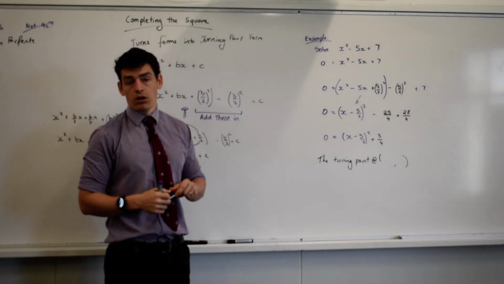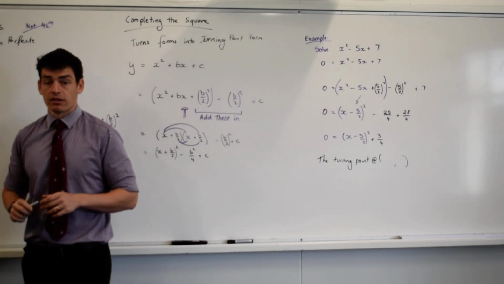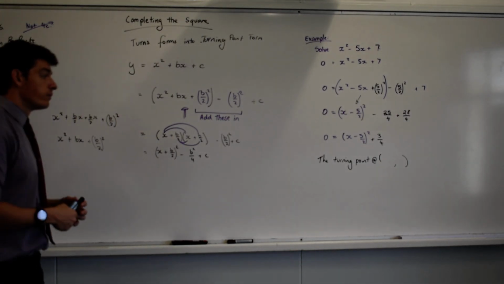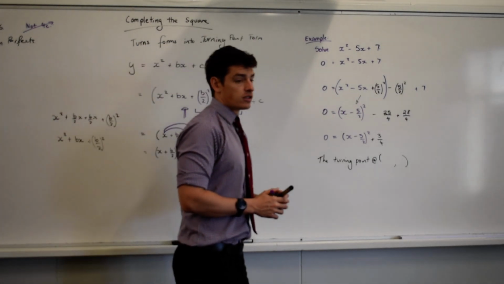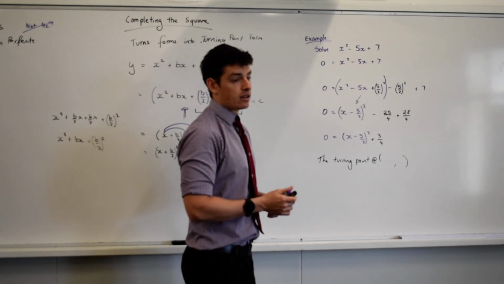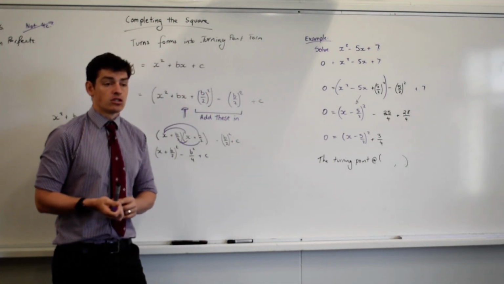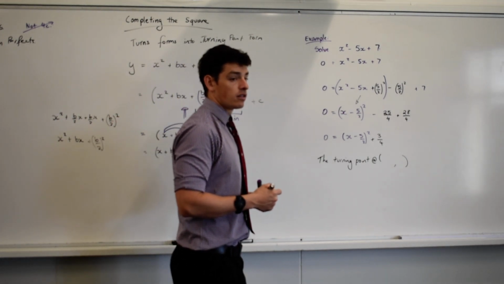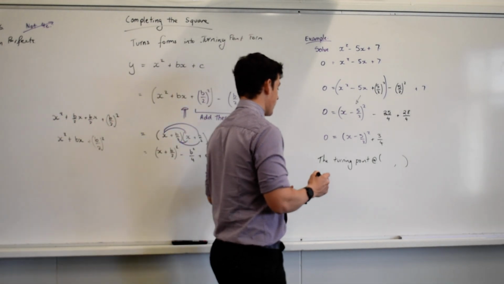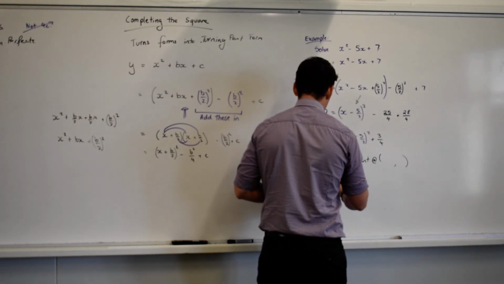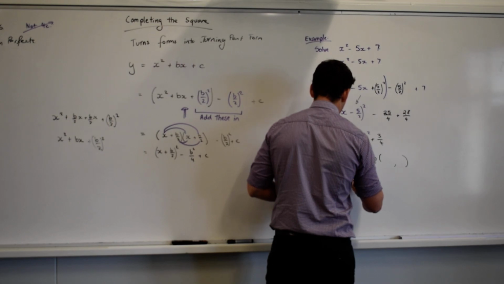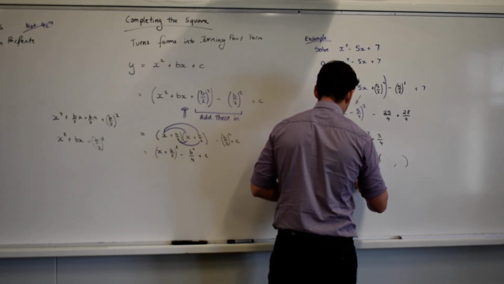I have to find out what x is, correct? So I've completed the square, now I need to solve it. What should I do? Not substitute, starts with R. Rearrange. What should I attack first? 3 over 4, how do I get rid of that? Minus 3 over 4 equals x minus 5 on 2 squared.